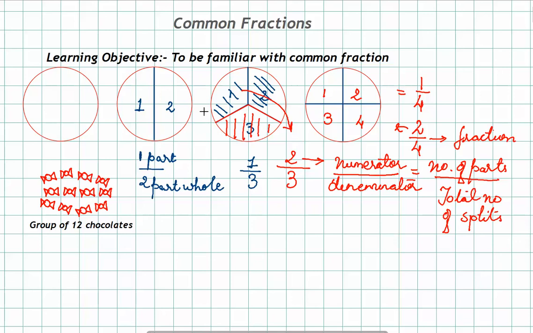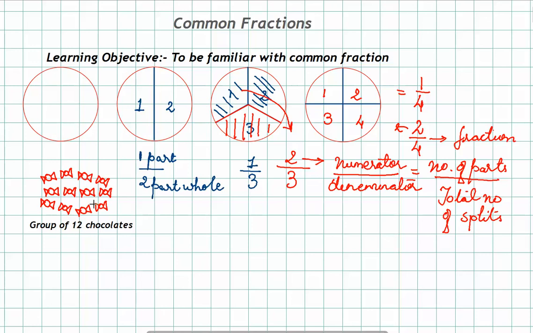So here we discussed the numerator, the denominator, what a fraction is, and what the numerator and denominator mean in a fraction. Now there is one more important concept: a fraction can be for a single object like a pizza or a pie, or it can be for a group of objects.